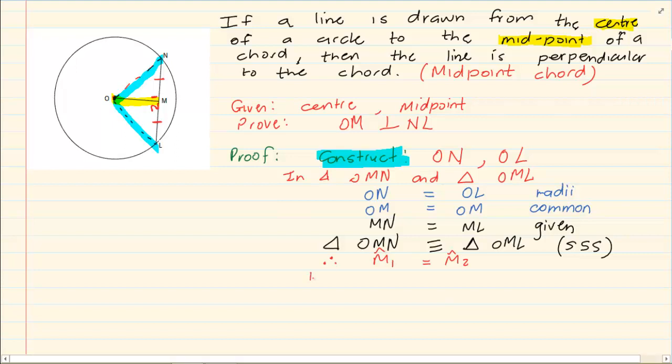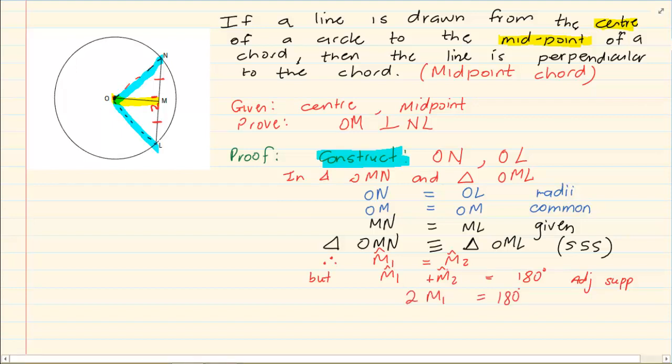But M1 plus M2 is equal to 180 degrees. The reason being is angles on a straight line or adjacent supplementary. Adjacent means next to each other, supplementary means they equal to 180 degrees. People use the rule angles on a straight line, which is also valid. Adjacent supplementary is more correct.